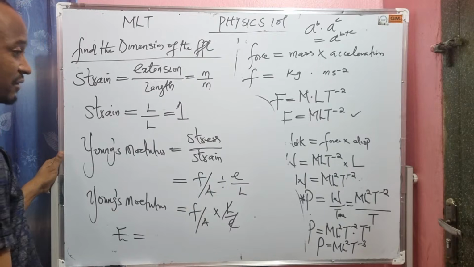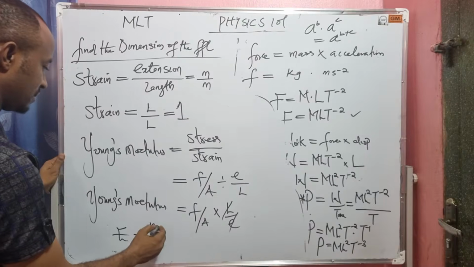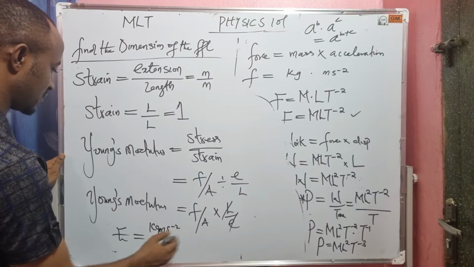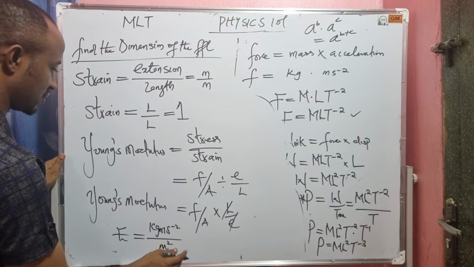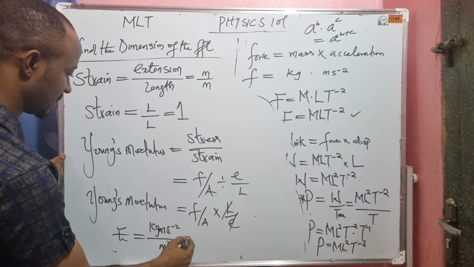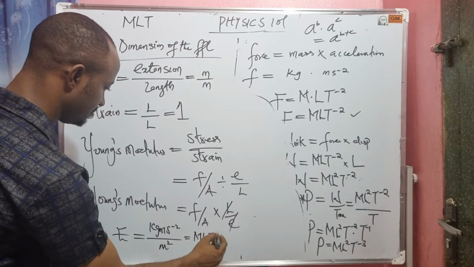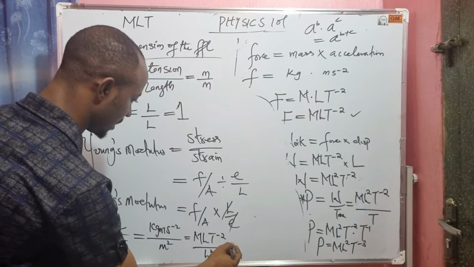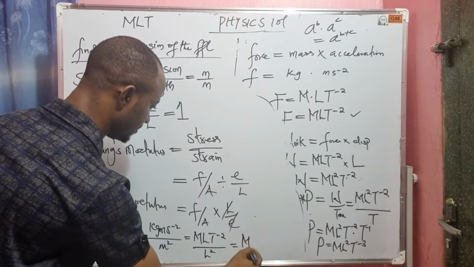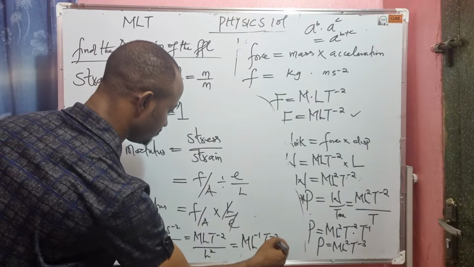Young's modulus will then be our force, which we have already done before. Our force is kilogram meter per second squared. Area is meter squared. That will give us M, L, T minus 2 divided by L squared, which gives M, L minus 1, T minus 2.